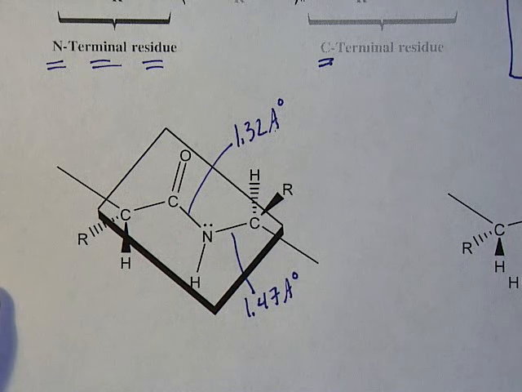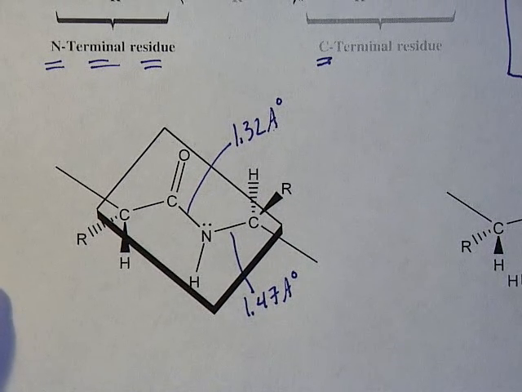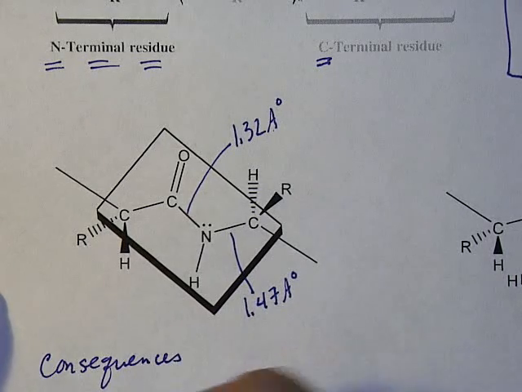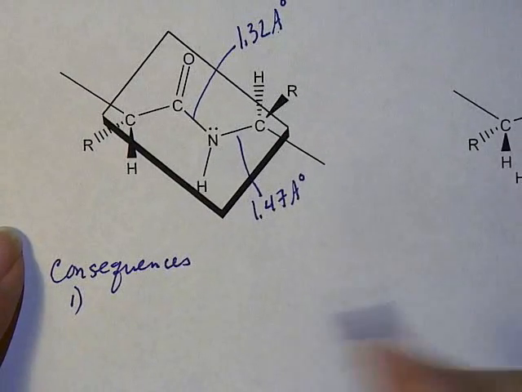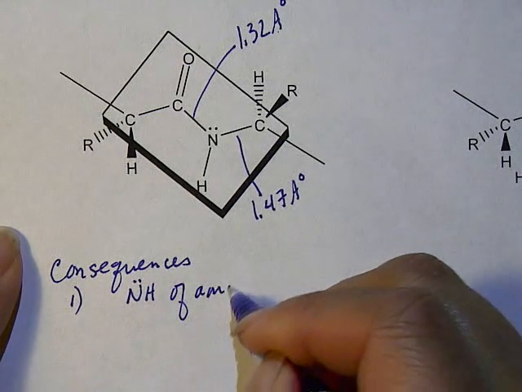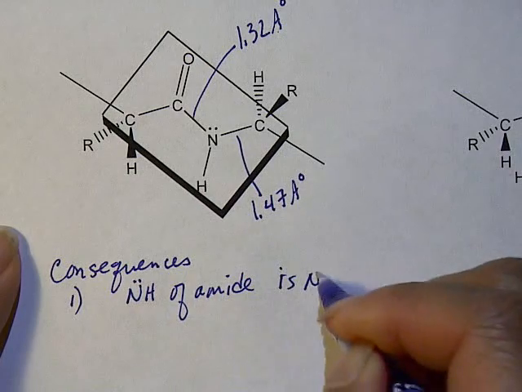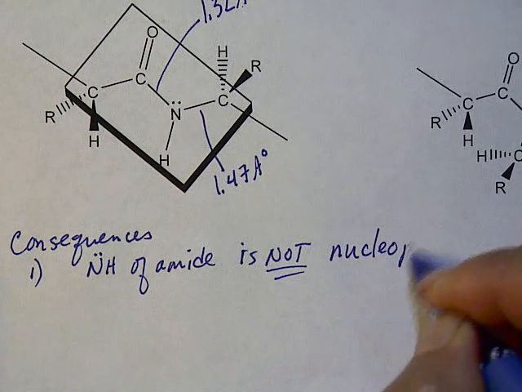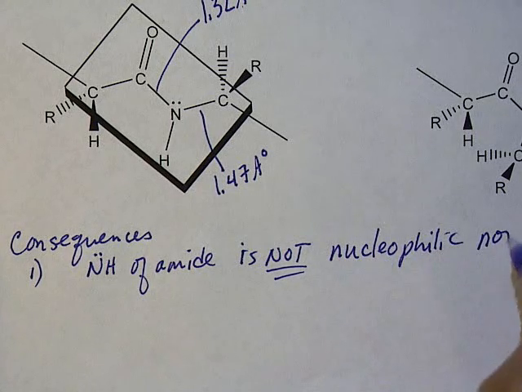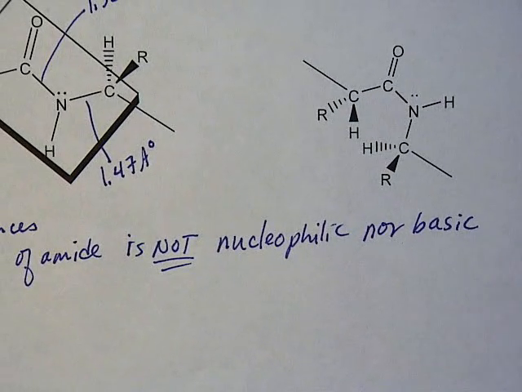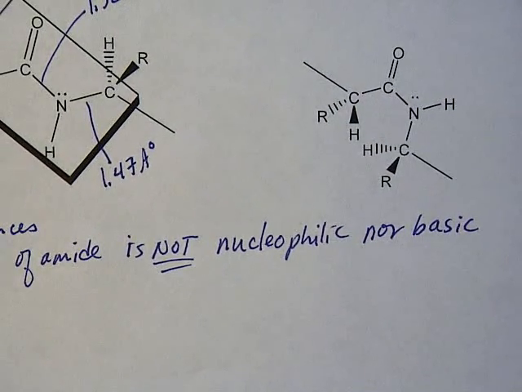Okay, so what are the consequences of this double bond character? One consequence is that the nitrogen with the lone pair of the amide is not nucleophilic nor basic. We've gone over this before, so this should be a review for you.